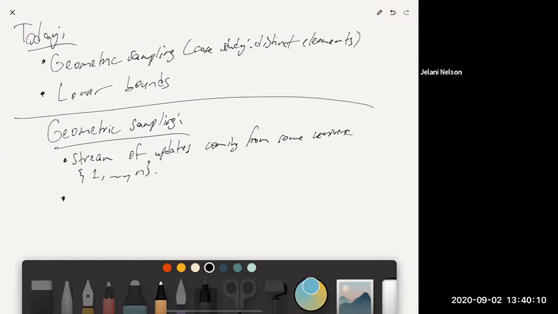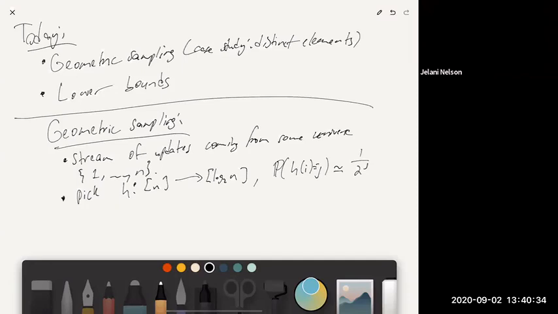And the main idea in geometric sampling is to pick some hash function mapping that universe into, say, a range of size log n, where the probability that h of I equals j is roughly 1 over 2 to the j.